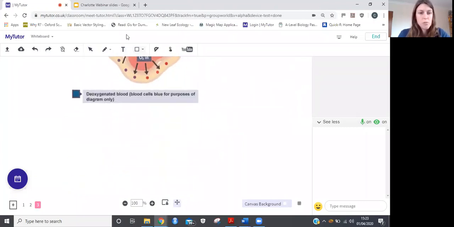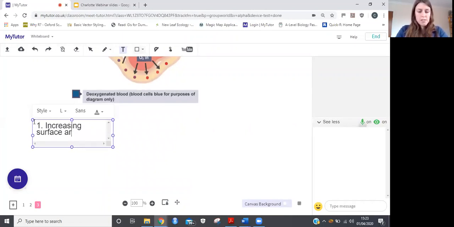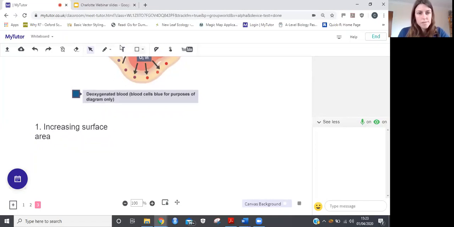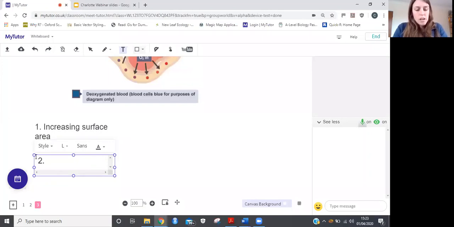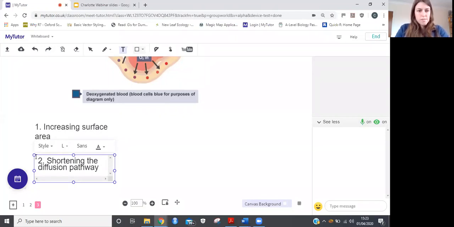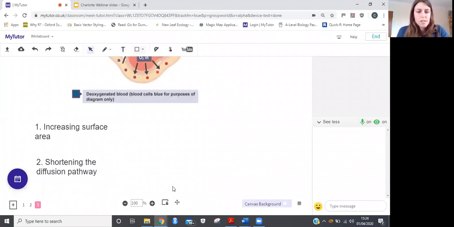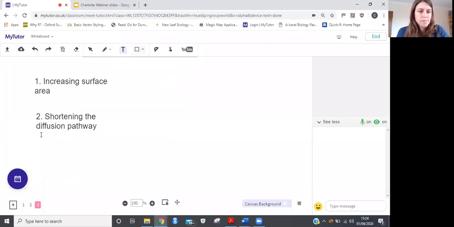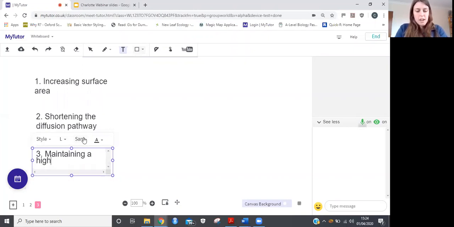And those 3 ways are: 1, increasing surface area; 2, shortening the diffusion pathway; and then 3, maintaining a high concentration gradient.